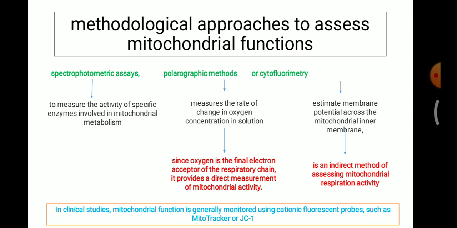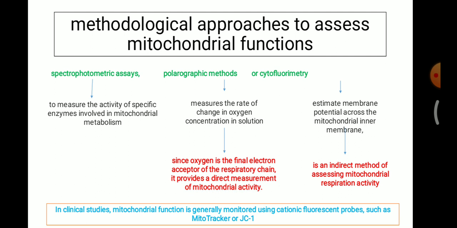There are three ways to assess this: spectrophotometric assays, polarographic methods or cytofluorimetry. Spectrophotometric assays are used to measure the activity of specific enzymes involved in mitochondrial metabolism. Polarographic methods measure the rate of change in oxygen concentration in solution.